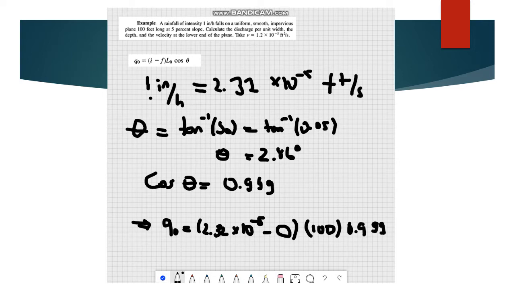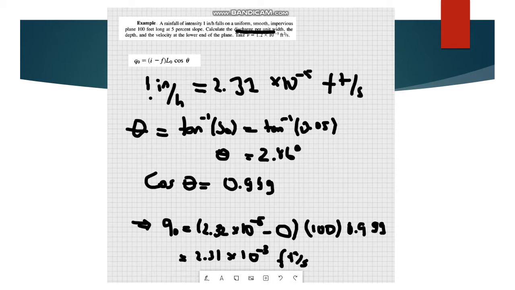When we multiply, we get 2.31 times 10 to the minus 3 feet square per second, which is our q0. So we first calculated the discharge per unit width. Right now we need to find the depth and velocity.